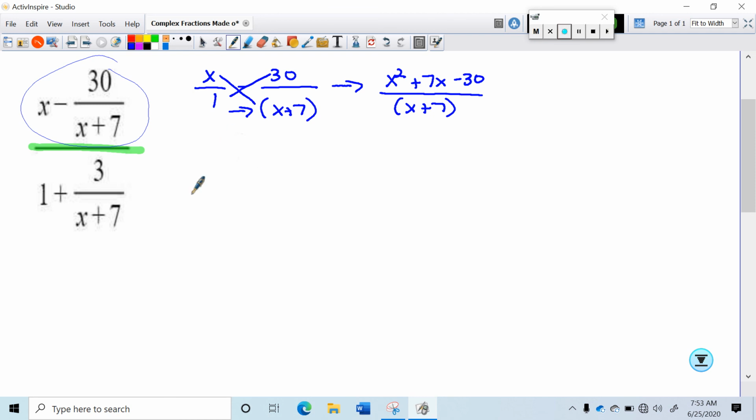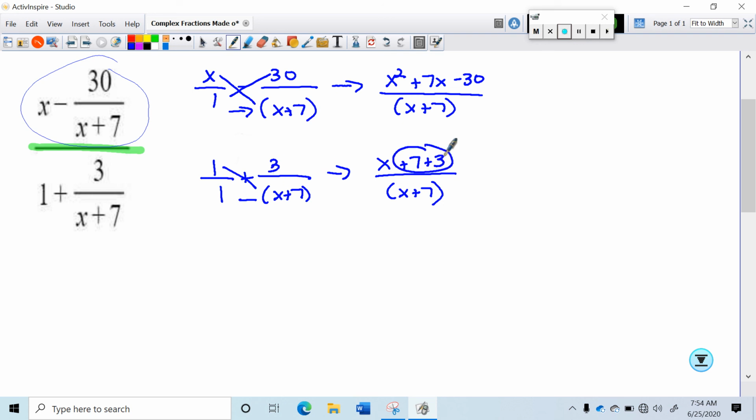Okay, on the next one, in the denominator, I've got 1 over 1 plus 3 over x plus 7. 1 times x plus 7 is x plus 7. 1 times x is x. 1 times 7 is 7. And 3 times 1 is 3.